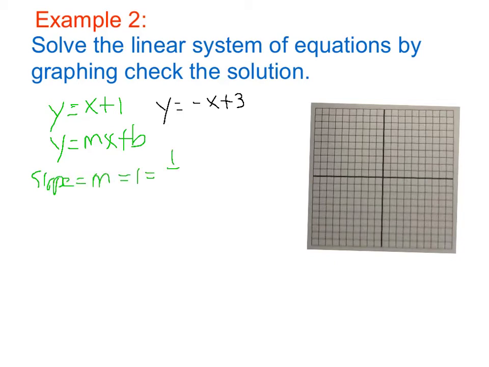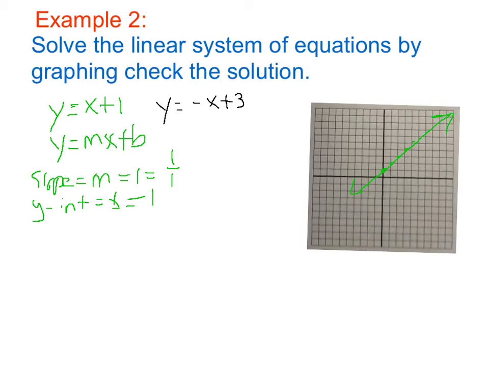If you write that as rise over run, you get 1 over 1. The y-intercept, which is the b, is also 1. So I'm going to graph the y-intercept, put a point at 1. Slope is up 1 over 1, up 1 over 1, up 1 over 1, and we can keep doing that, and then draw a line to go through those points.